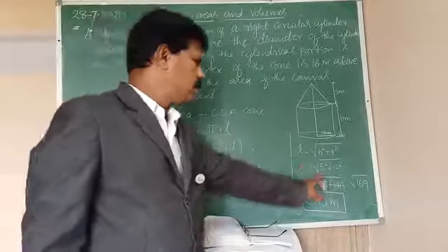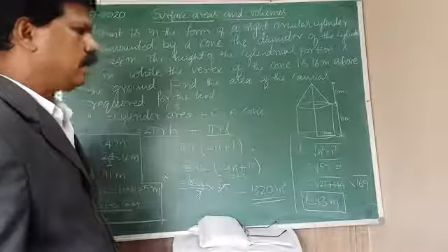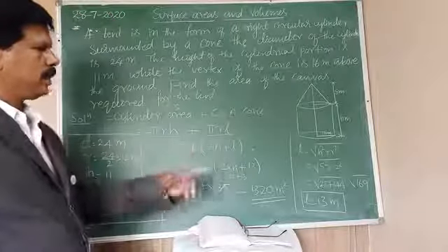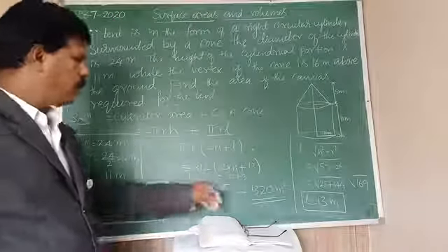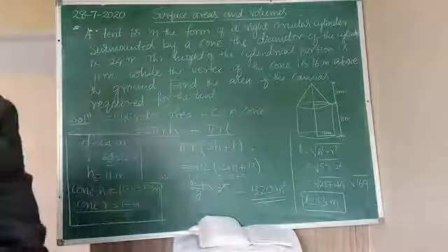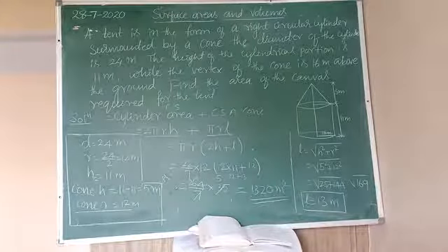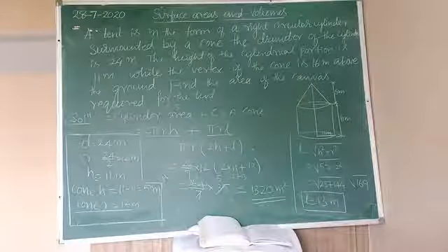So when you substitute the values of r and h, you will get 169. Square root of 169 is 13. Okay. So this is one more type, the combined one, cylinder and cone together. You are finding the values of this. Clear?